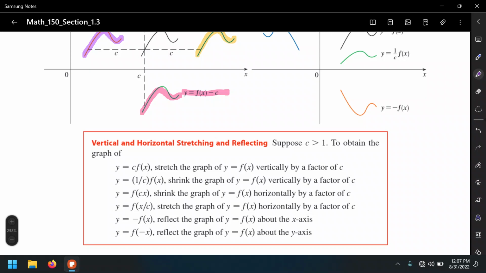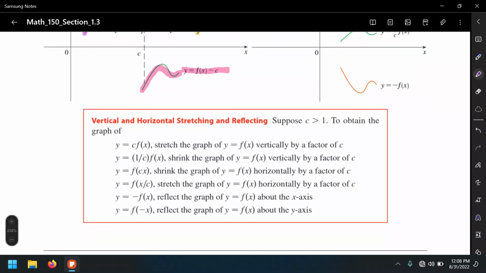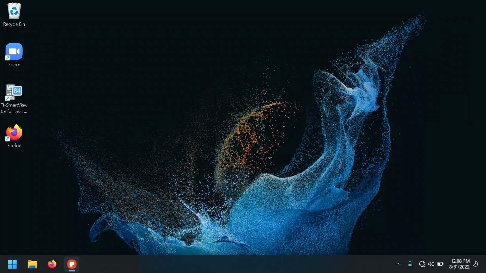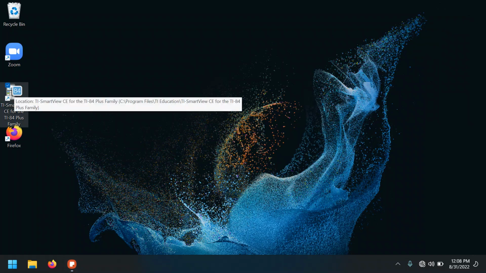And what's that going to do? Stretch the graph vertically. For example, if we have y equals 2 times f of x, the output is going to get multiplied by that number 2, and therefore that's going to stretch the graph of this function. And let me put this in the graphing calculator just so you can see what I'm talking about.